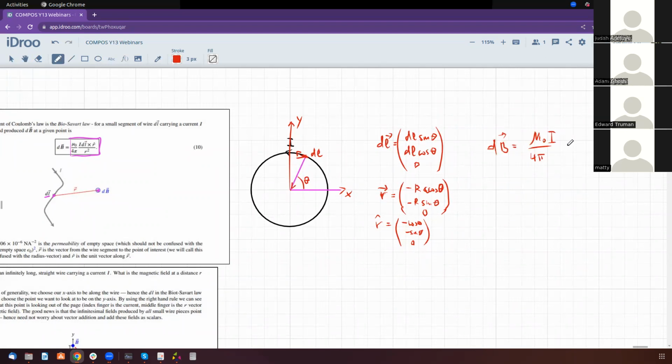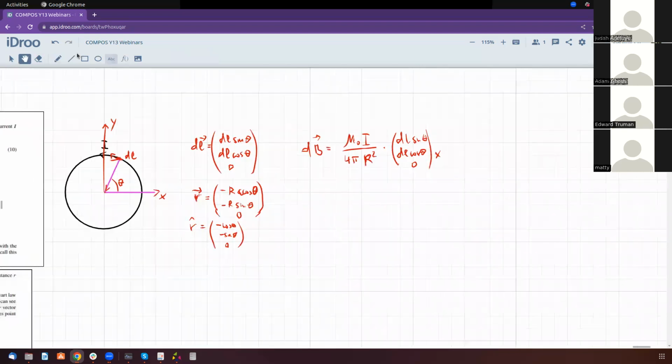Multiplied by dl, divided by r squared, the radius squared, multiplied by the product of dl and r. So dl sine theta, dl cos theta, 0, cross product minus cos theta, minus sine theta, 0.